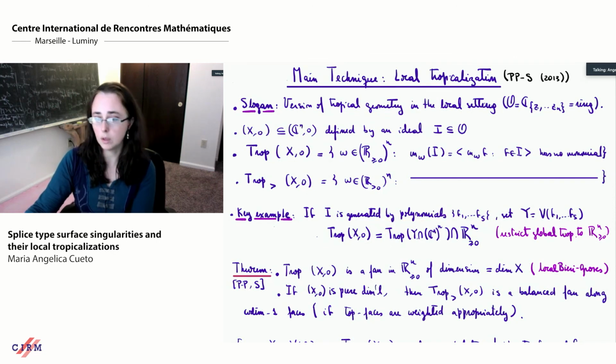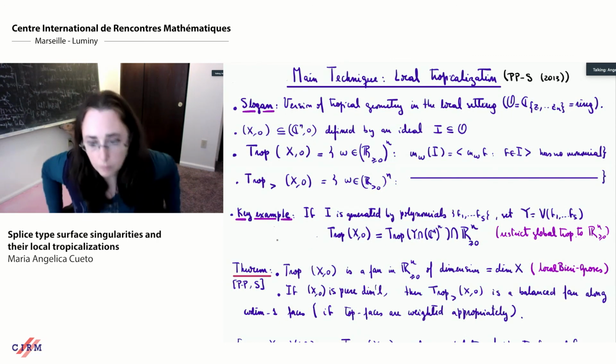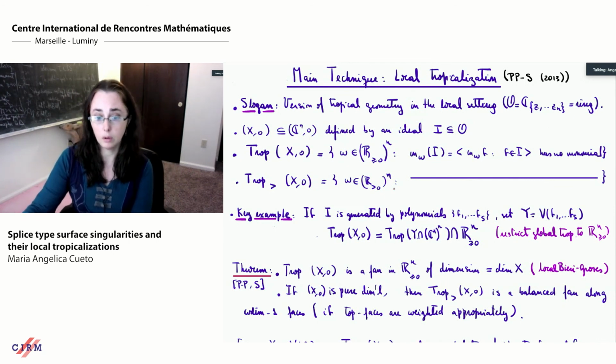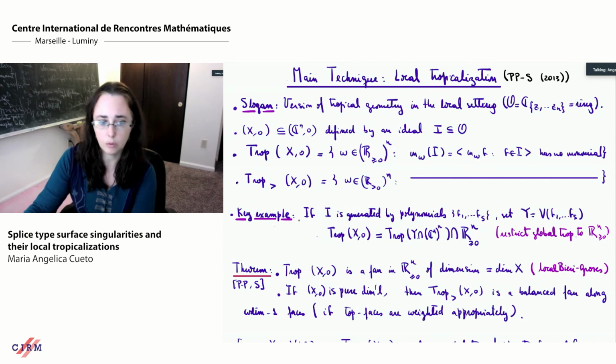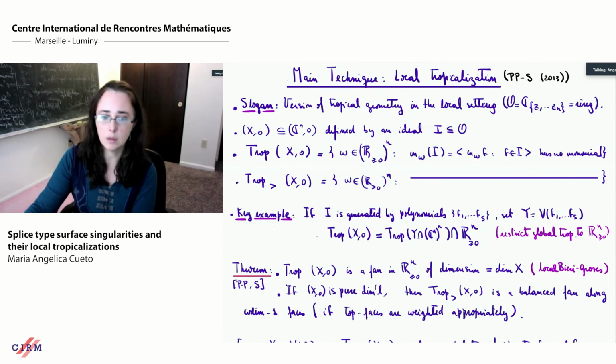So you're restricting your global tropicalization to the positive cone. There's a bunch of results that are true for global tropicalizations that, if you think about this key example, descend to the local tropicalization naturally.